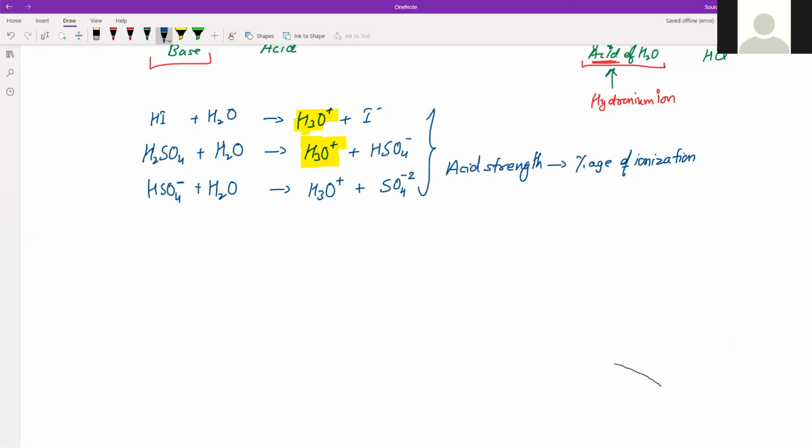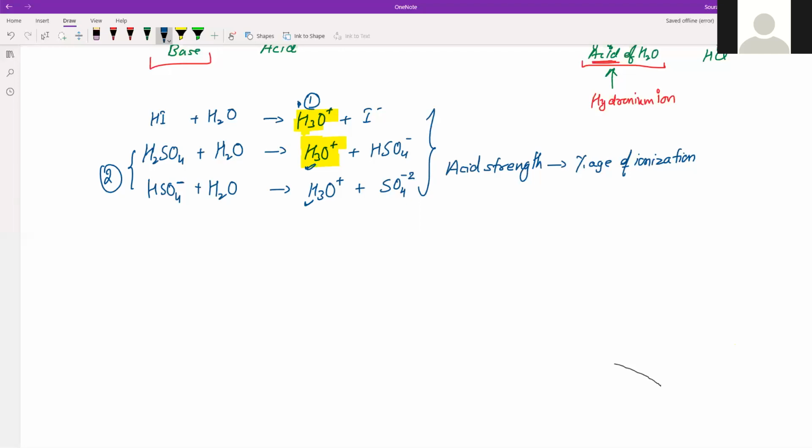In this, you can see that some of them are donating more protons per molecule, and some of them are donating less. For example, this hydrogen iodide is able to donate only one H plus, so it is doing this only once. But here, it is able to create two hydronium ions.